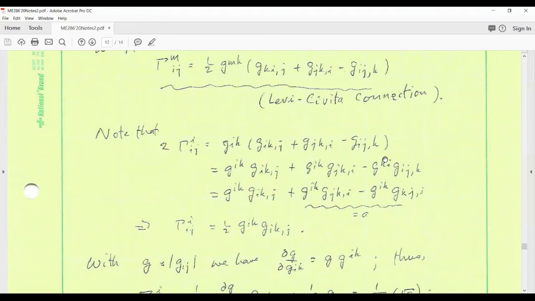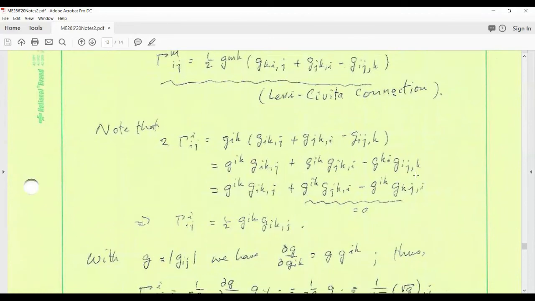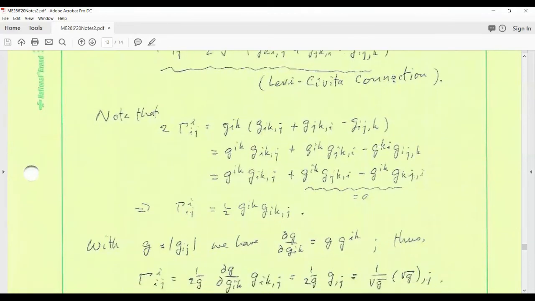Distribute the product in each term, we have this. In this last term, I will exploit the symmetry g super ik equals g super ki to write it in this form, only in the last term. The reason for doing that is notice that k is a summation index and i is a summation index.